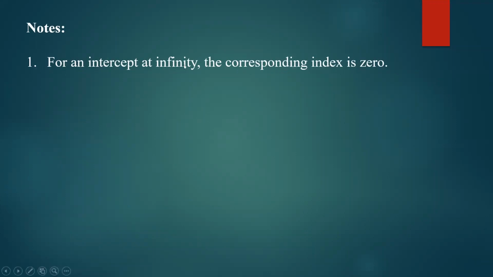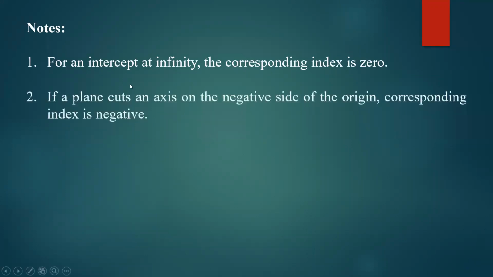For an intercept at infinity, the corresponding index is 0, because the reciprocal of infinity, 1 by infinity, is 0. Second, if a plane cuts an axis on the negative side of the origin.